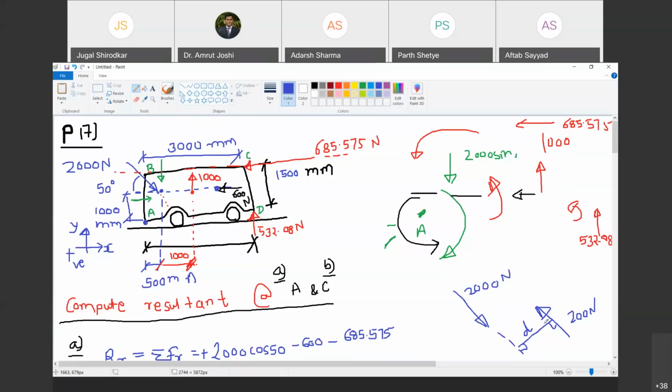Are you with me? Moment can also be 0, sir. Yes, that is a very special case, but otherwise it is subjected to couple moment or moment of couple of forces, and the body has a tendency only to rotate at every point by the same effort. Are you with me? Yes sir.